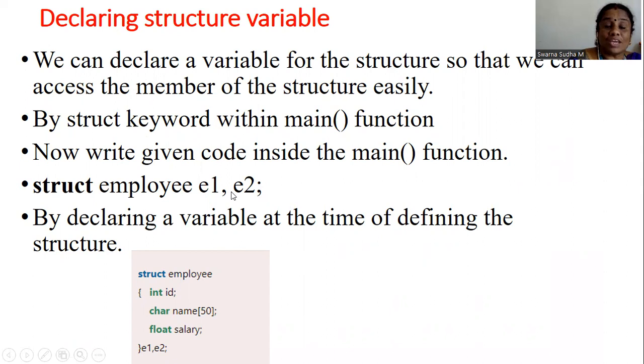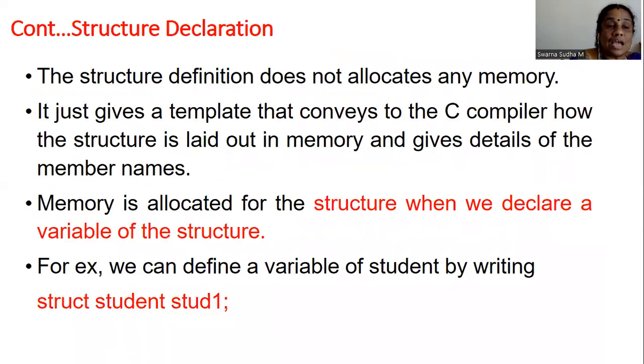You can do this in the main function, or you can declare the variables while defining the structure. With the help of a variable only, we'll be able to access the structure. We'll see how to do it.